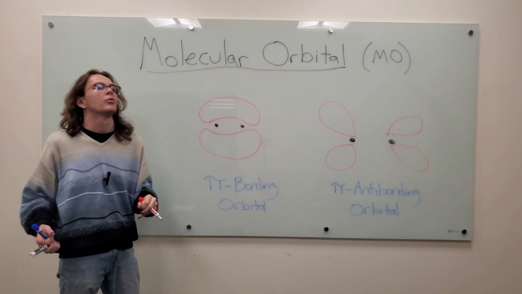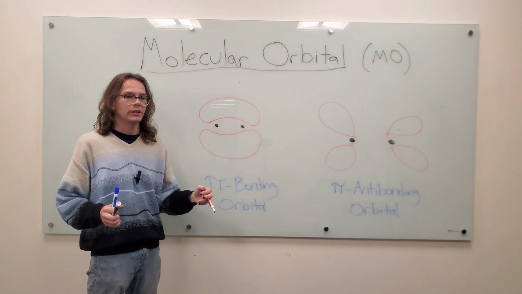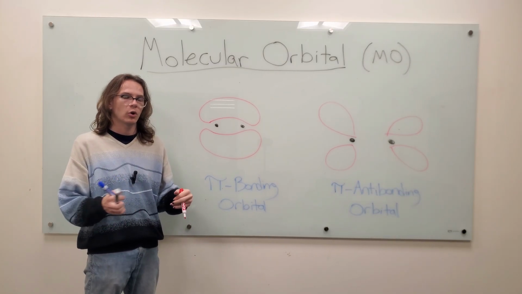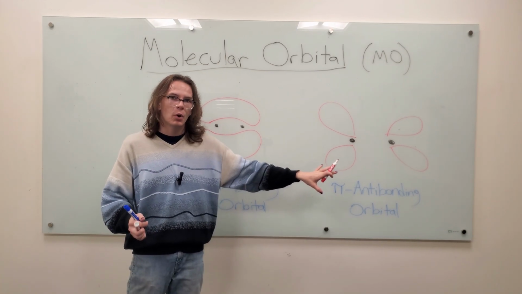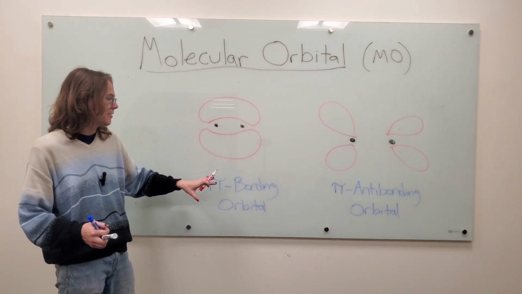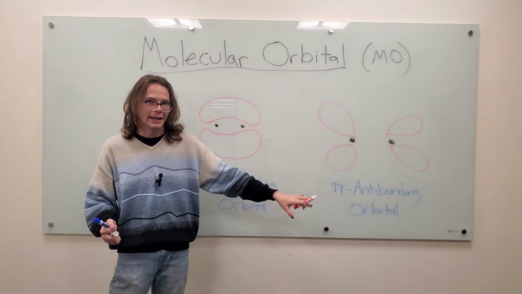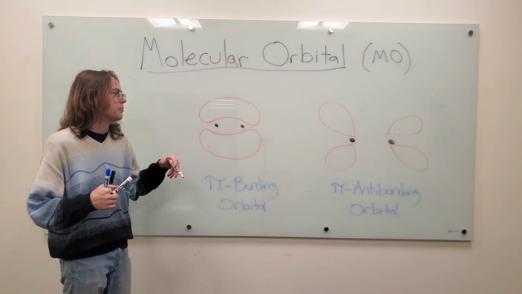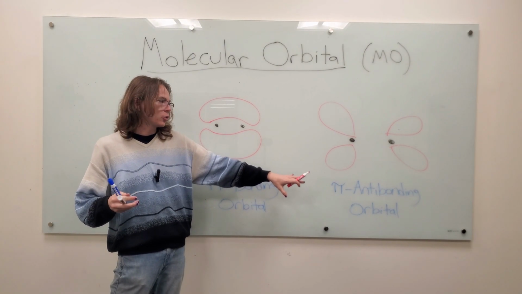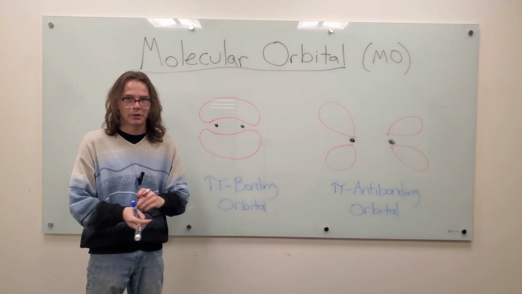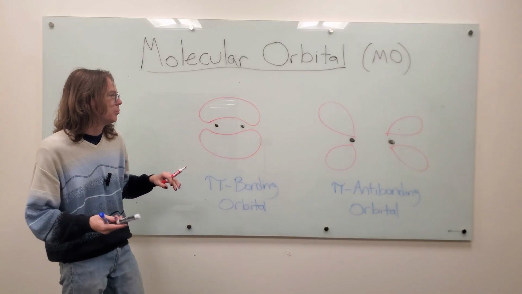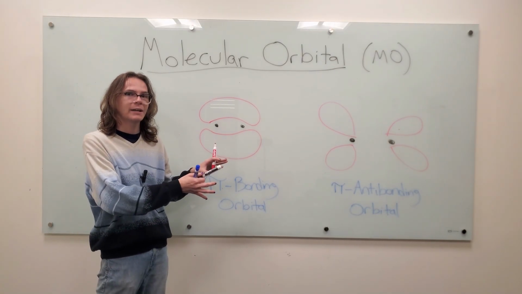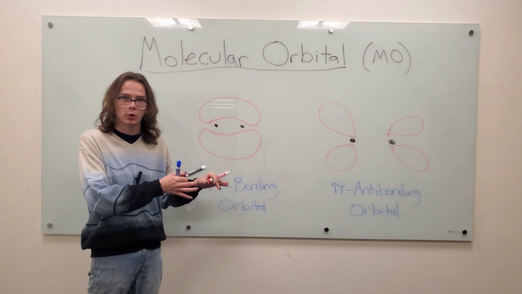Okay, and so with molecular orbital theory, when we linearly combine all of these orbitals, these molecules will have both of these orbitals. It will have a pi bonding orbital and a pi anti-bonding orbital. The pi anti-bonding orbital, or a sigma anti-bonding orbital, may not necessarily be inhabited by any electrons, but the molecule has both of these available to put electrons.